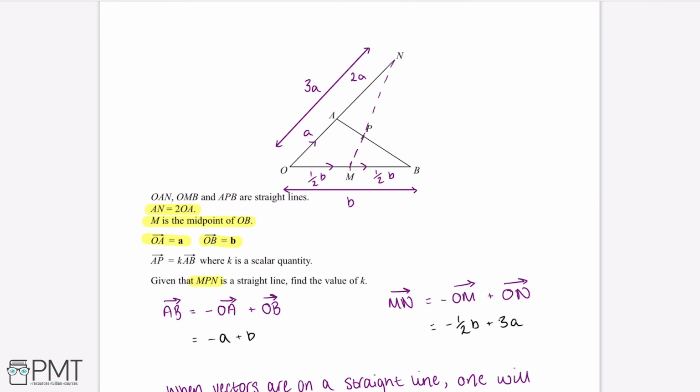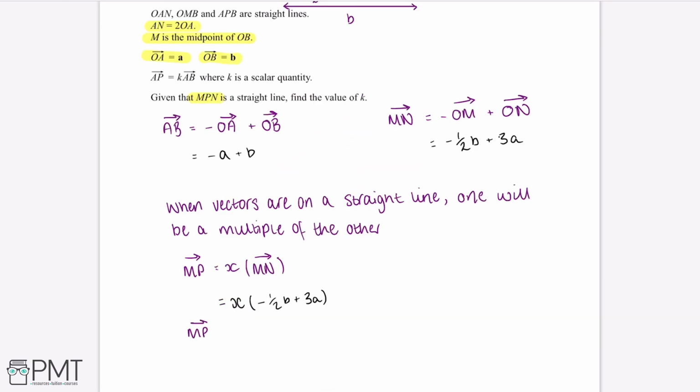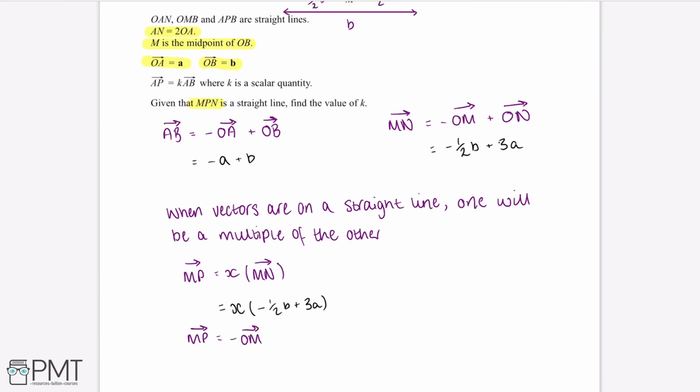The next thing we can do is work out what MP would be equal to in terms of k. We've been told that AP is equal to k AB. So the route we could take is M to O, O to A, and then A to P. Because OM is equal to a half b, negative OM will be negative a half b.